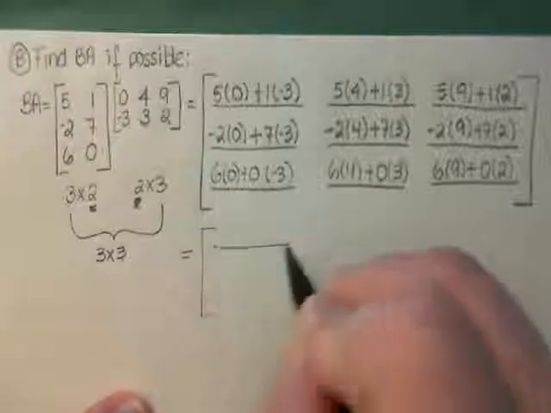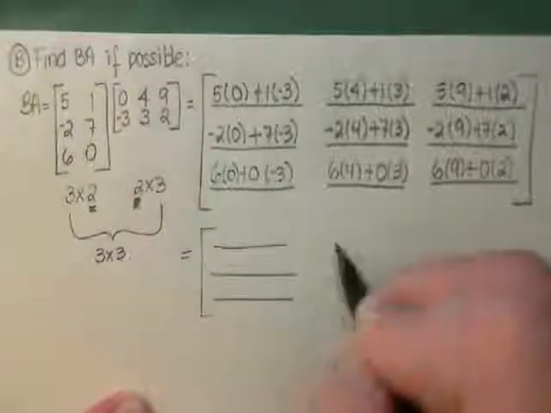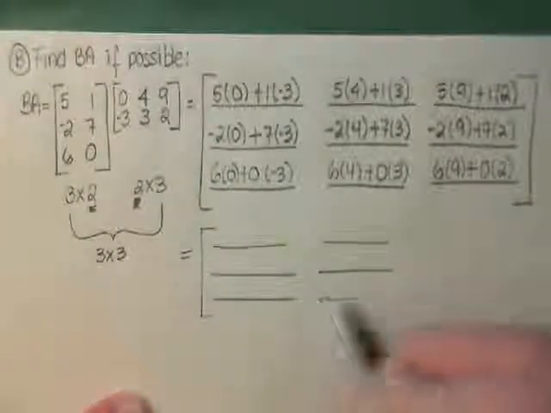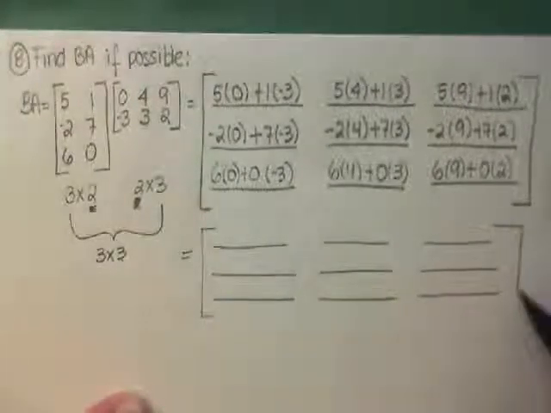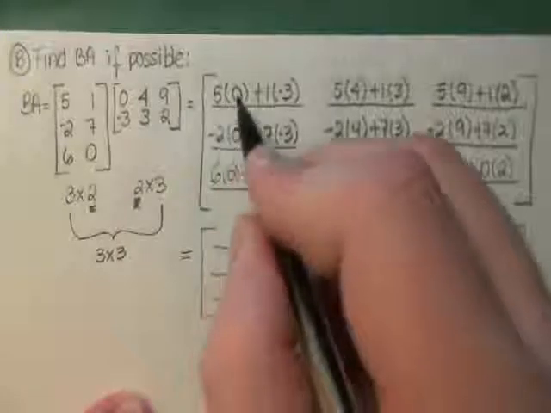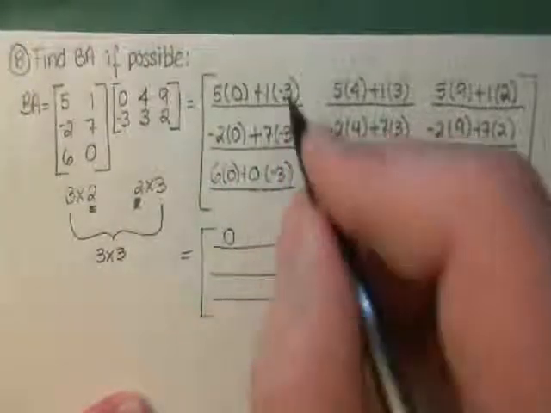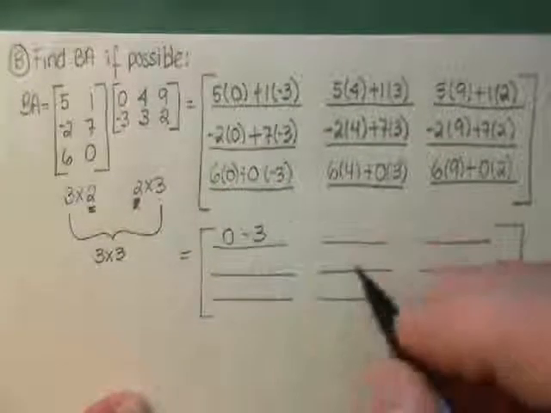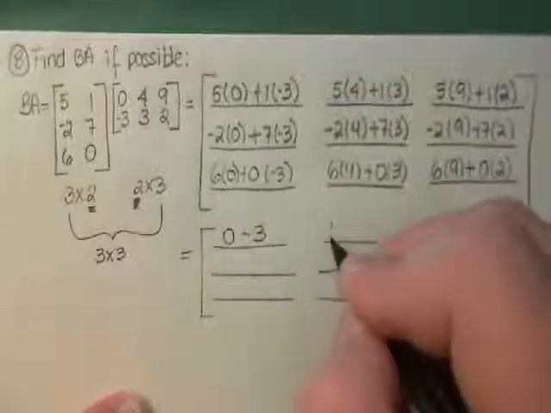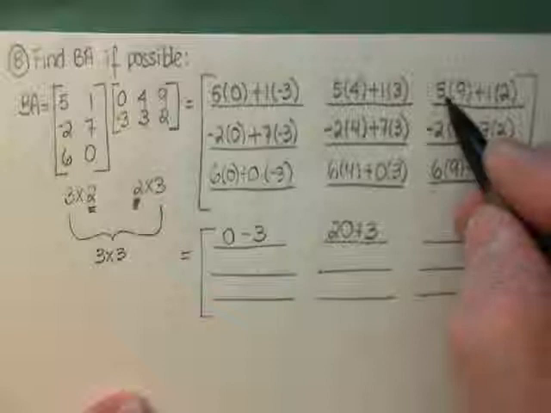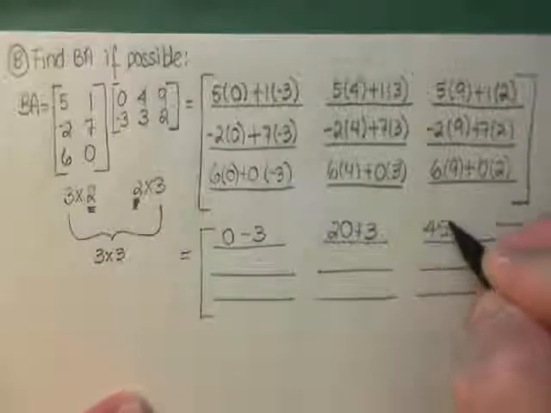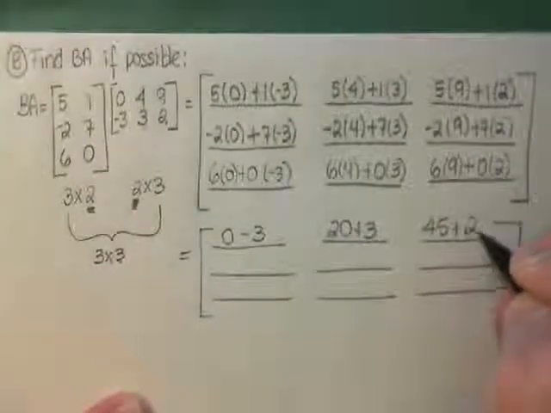So here's our working area. We have a 3 by 3 matrix, and 5 times 0 is 0, 1 times -3 is -3, 5 times 4 is 20, 1 times 3 is 3, 5 times 9 is 45, 1 times 2 is 2.